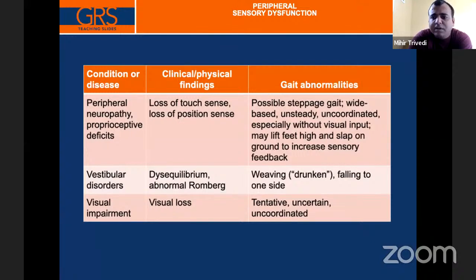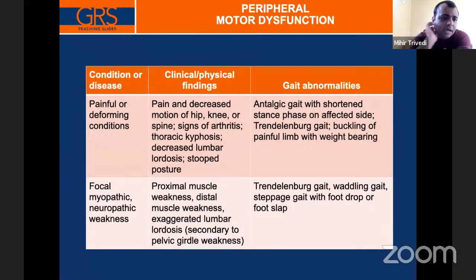The patient may lift feet high and slap on the ground to increase sensory feedback. Vestibular disorders like disequilibrium, abnormal Romberg, waving, drunken-type symptoms, falling to one side. Visual impairment with visual loss, tentative, uncertain, uncoordinated gait.